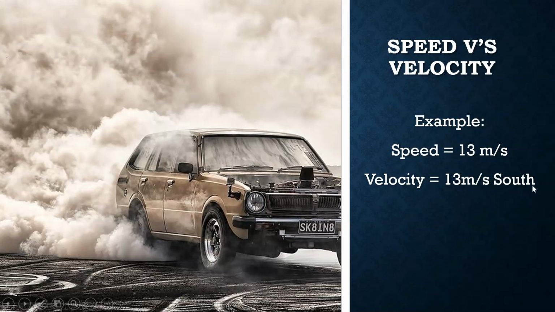Velocity is your speed with direction, so it's 13 meters per second south. Now, if you're doing the acceleration calculation, you just need the 13 meters per second. In the acceleration calculation, it doesn't matter about the direction as such, all right? So don't at the moment get hooked up on the fact that you might see velocity. If you see velocity, it's just asking for the 13.